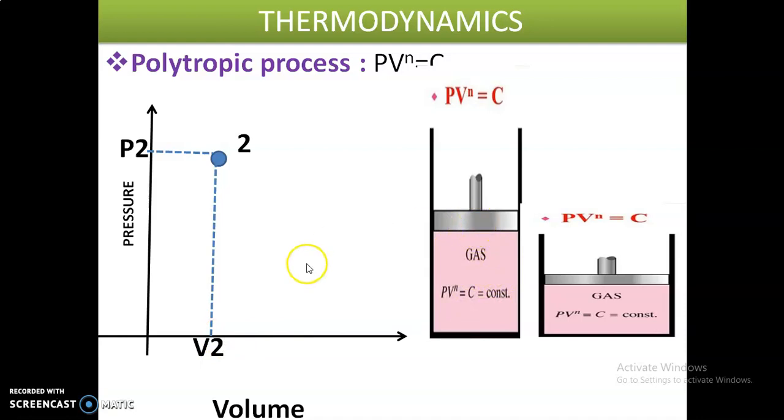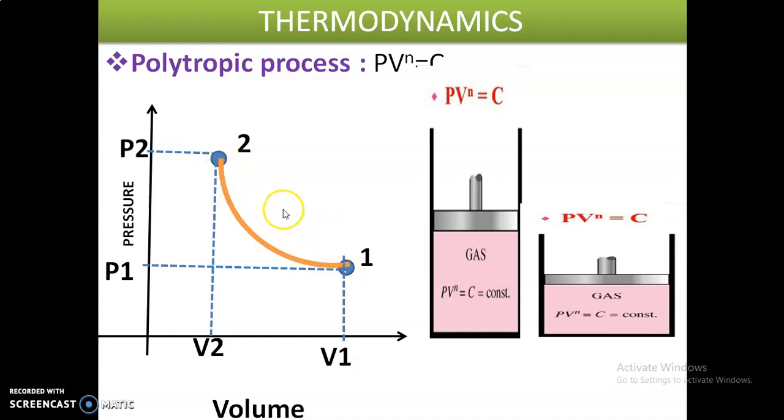If we join state 1 and state 2, we get one curve, that is the polytropic compression process. This is the polytropic compression curve. I hope you understand.